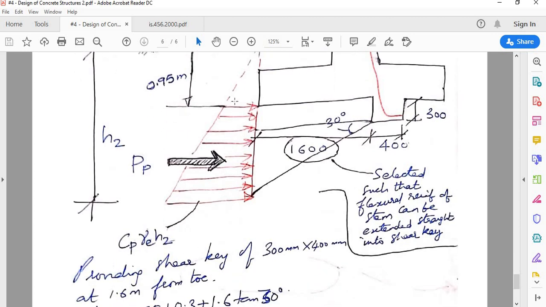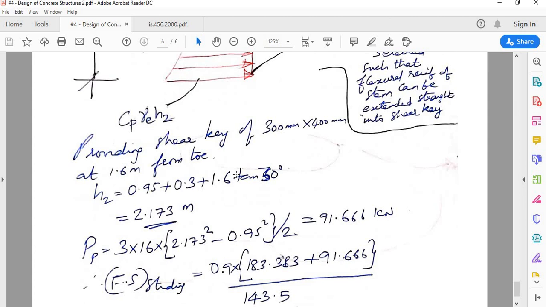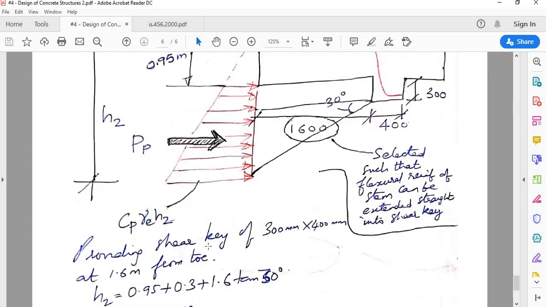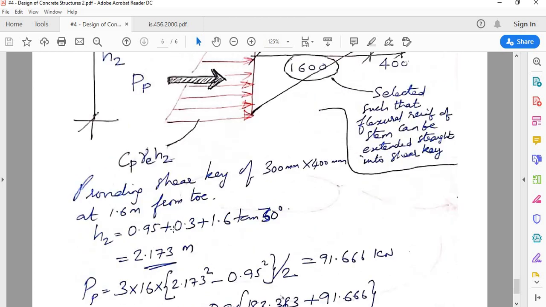Now you can easily calculate the total passive earth pressure as this larger triangle minus the smaller triangle. That is exactly what I have done here. This is the calculation of height h2, which I discussed: 0.95 plus 0.3 plus 1.6 tan 30. So h2 comes out to be 2.173.